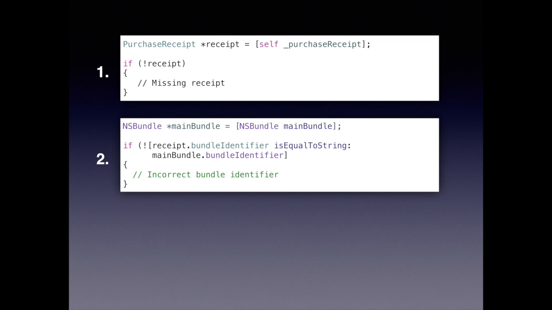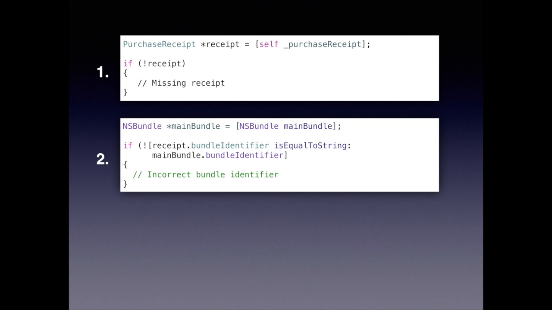So by making sure that the bundle identifier matches up, you know this receipt is actually for this app. In one document, Apple mentions you might even want to compare with a static string. So for the bundle identifier, you might want to do that because that doesn't change so much.